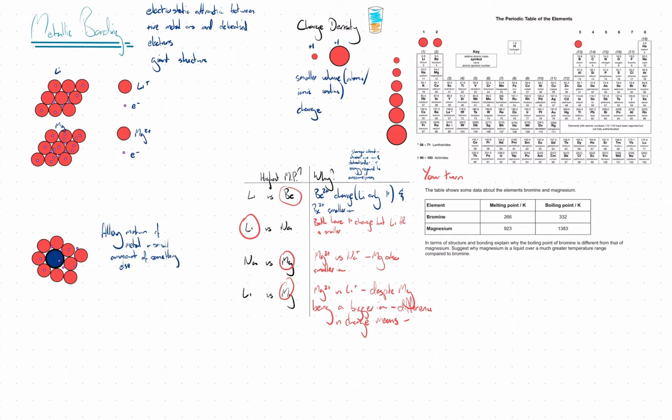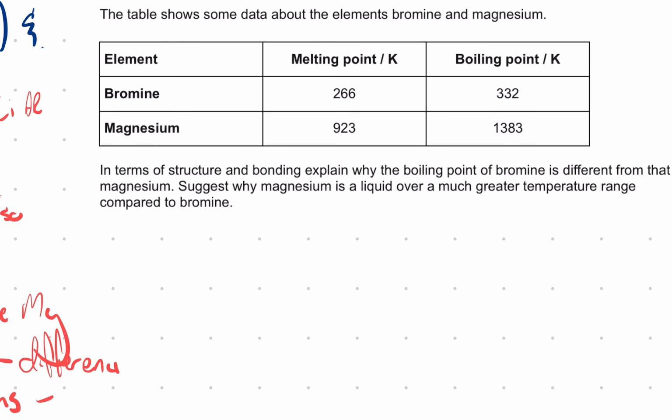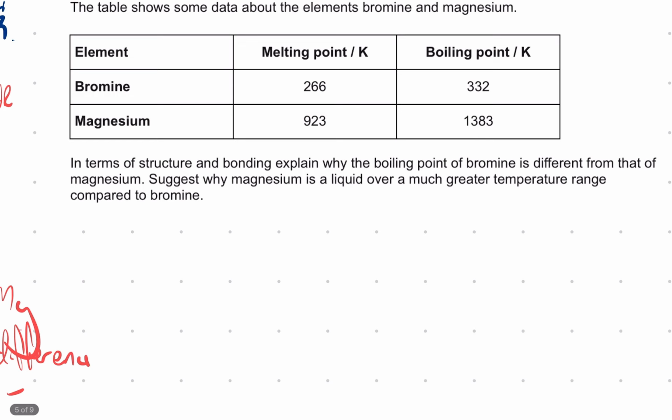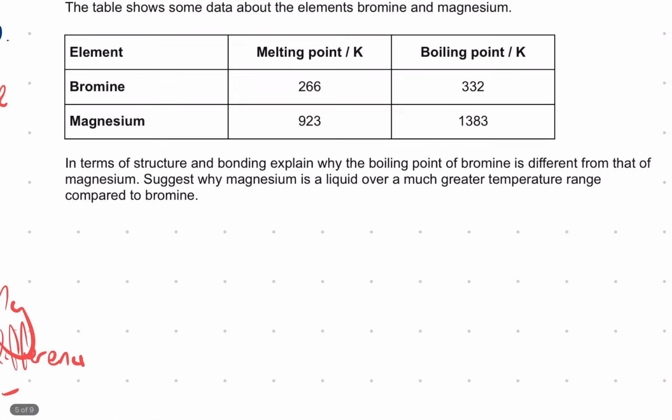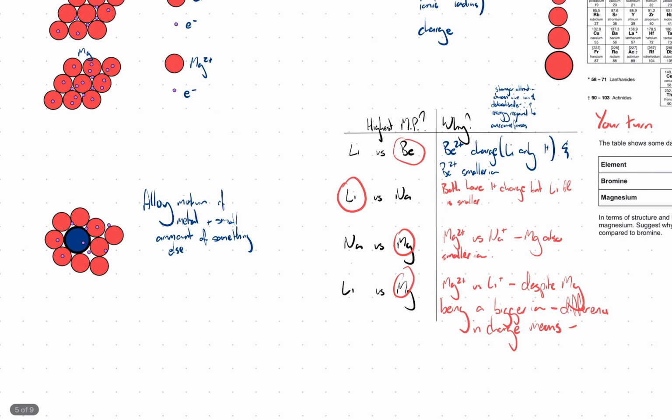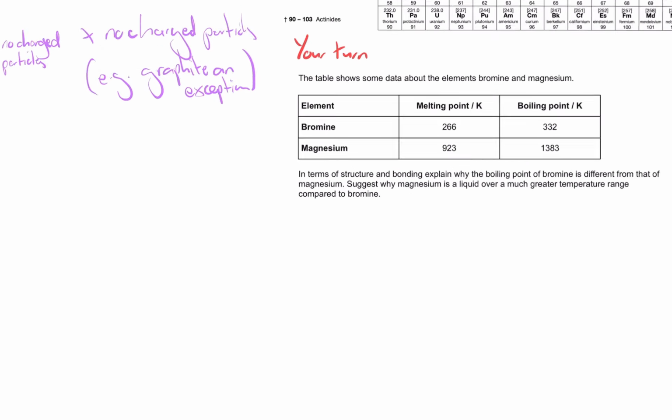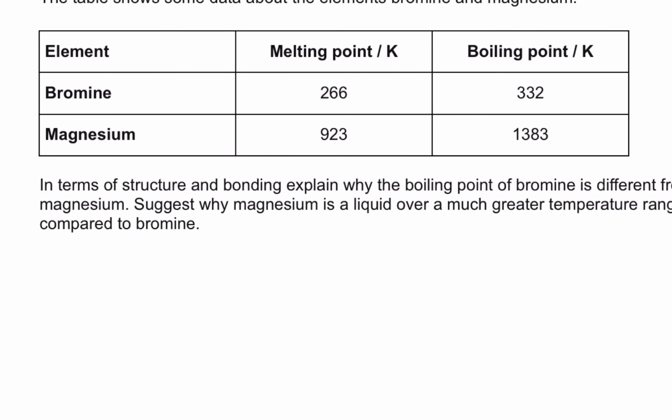let's get back to this question. We're going to finish the question that we looked at last time. I am going to tell you the answer in respect to bromine now. So if we look back here, bromine. Here we've got a pretty low melting and boiling point in terms of kelvins.